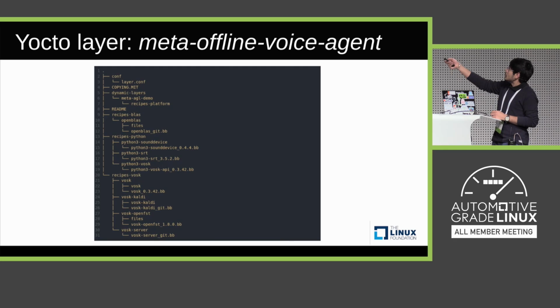For example, this is one of the dependencies for the Vosk library. These are the Python recipes for Vosk API, so all the Python-based dependencies are there. These are the created recipes. Some have been imported from the OpenEmbedded Layer Index. These are Vosk-specific recipes for the library, for Kaldi, and so on.